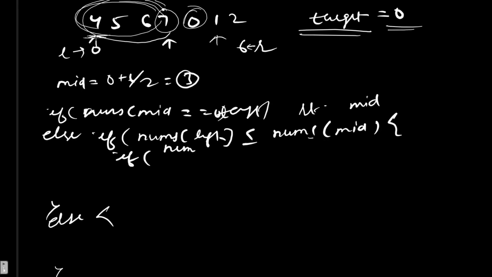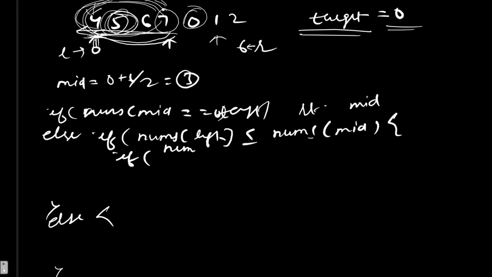How can we say that our target is present in this part? Let's say our target was something like 5. Then we have to ensure that our target is present in this left part. So how can we ensure that? If our nums of left is lesser than target and nums of mid is greater than target. Let's say 4, we have to check out 4. How can we ensure that 4 is present in the left part?